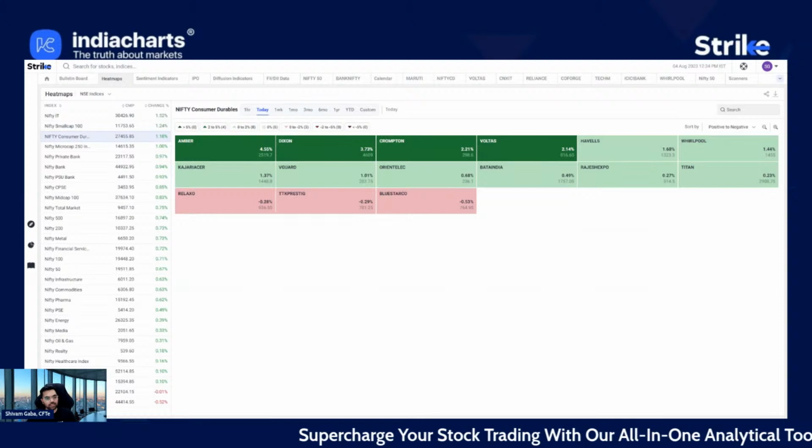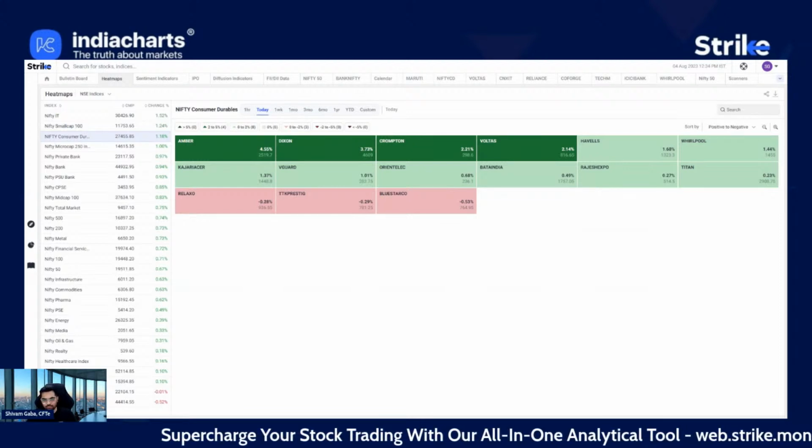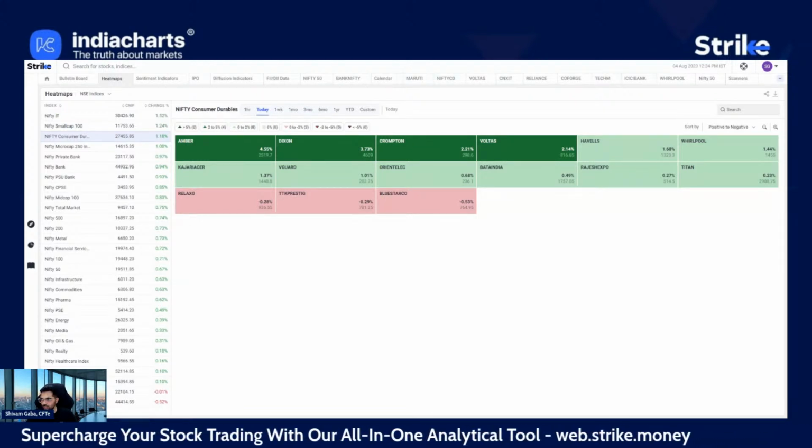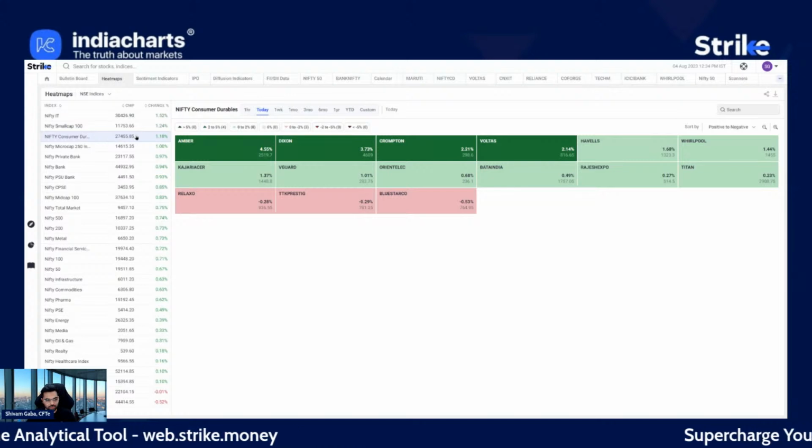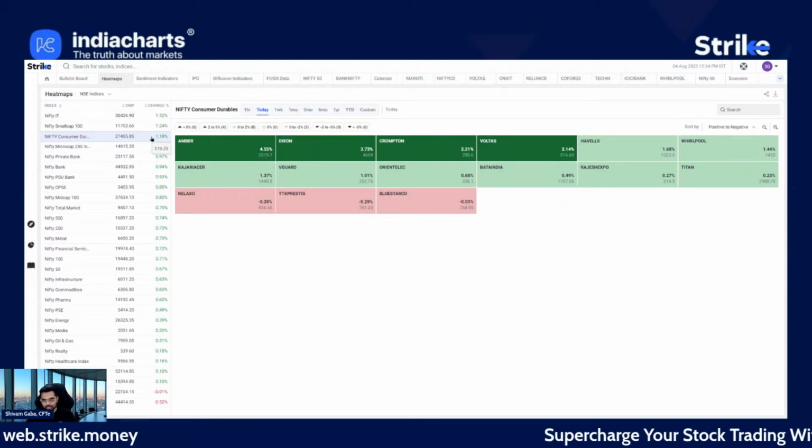If you remember, in the live stream for 31st of July, we observed this is a seasonally bullish period for Nifty Consumer Durables. So even on a day like yesterday, this index was not down much.